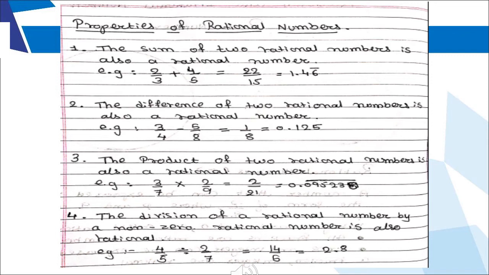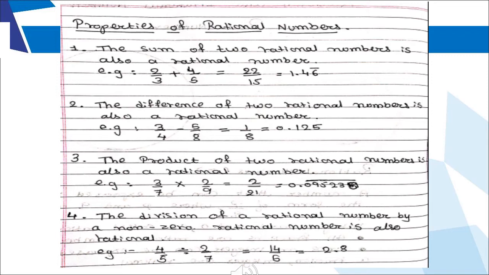So you can see that 22 upon 15 is 1.466666, and since it has a recurring decimal, it is called a rational number. So basically, when I have added two rational numbers, my answer is also a rational number. The second, the difference of two rational numbers is also a rational number.